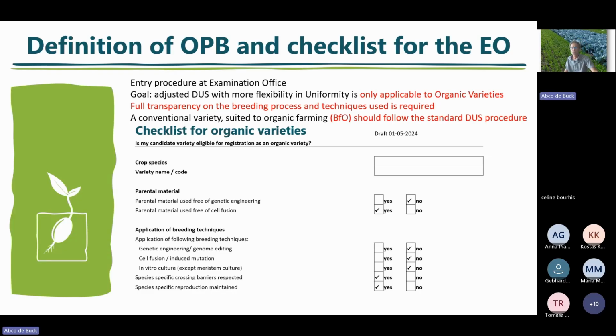Here we come to some definition issues of organic plant breeding. It is important for the entry procedure at the examination office that it is safeguarded that the candidate variety comes from an organic plant breeding program indeed. So there should be full transparency on the breeding process and techniques that are used.